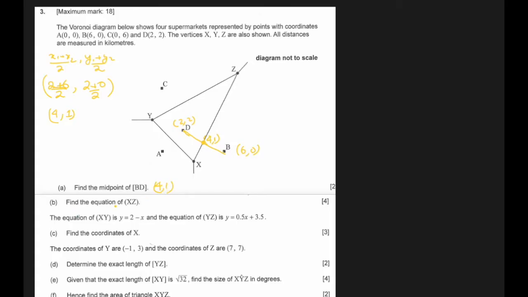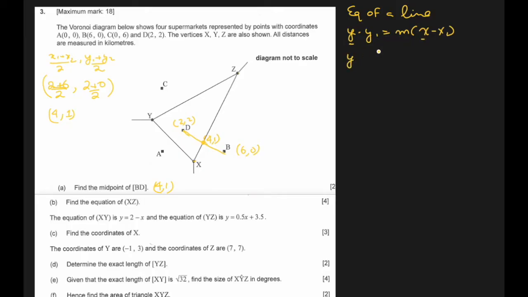Okay, find the equation of XZ. XZ is here, X and Z. So the equation of a line, any line, is y minus y1 equal to m(x minus x1). So y and x are fixed.